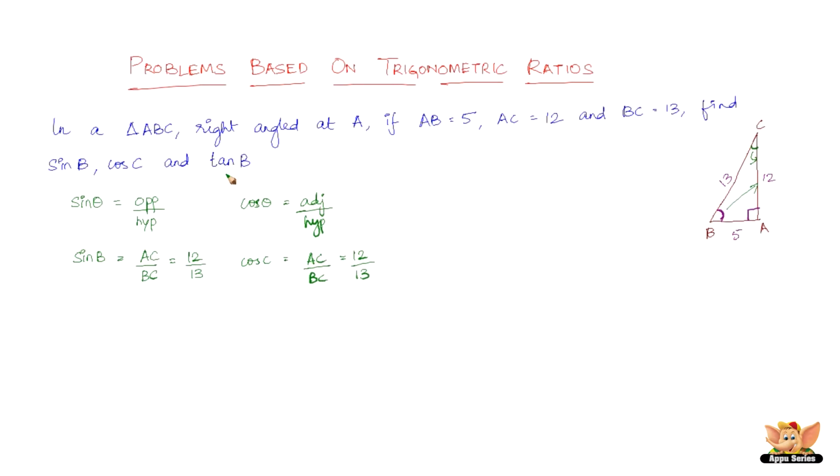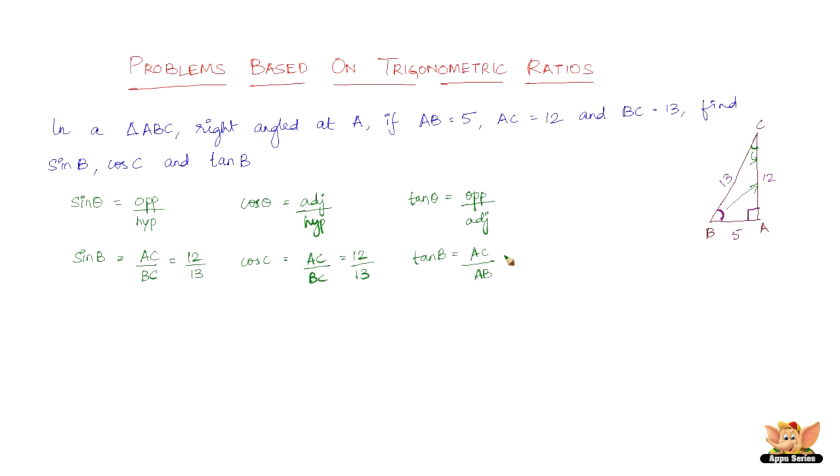Now let us find the third one, that is tangent of B. Before that, let us write down what tan theta is. Tan theta is nothing but opposite by adjacent. We need tangent of B. The opposite to B is AC and the adjacent to B is AB.